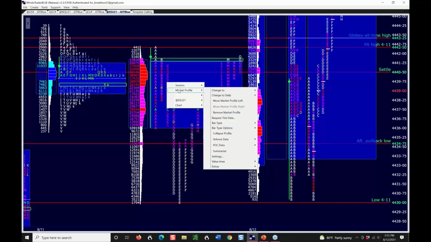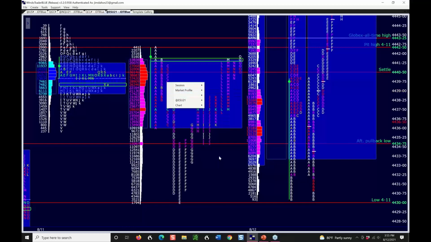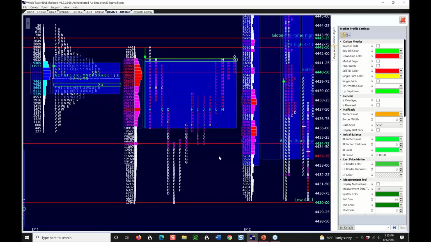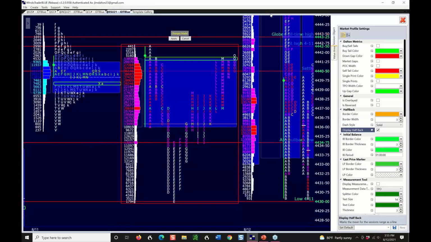Go down to settings. Over on the side, put a check mark in half back. Okay, let me see. Hold on, I got down about 40% of the way down. Up a little bit. Up. The orange, just under the orange, Jim. Right there, over to the right. Put a check mark, display half back. That says border. Oh, display half back. I said, okay. Thank you. There's the half back.